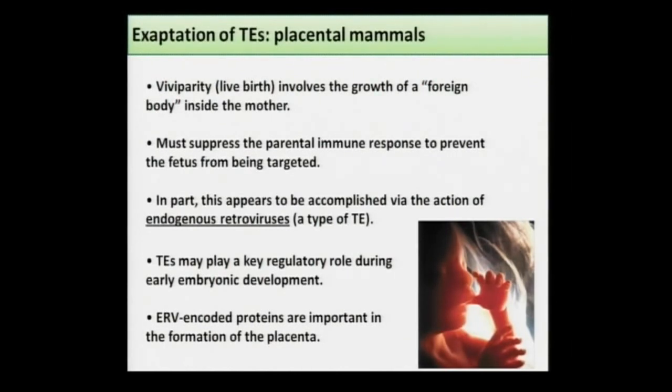So you need to suppress the maternal immune system. And one way that that is accomplished is via the action of what's called an endogenous retrovirus, also a transposable element. They also play a major role in the development of placental tissue, in the syncytin genes and so on, which are also derived from TEs.